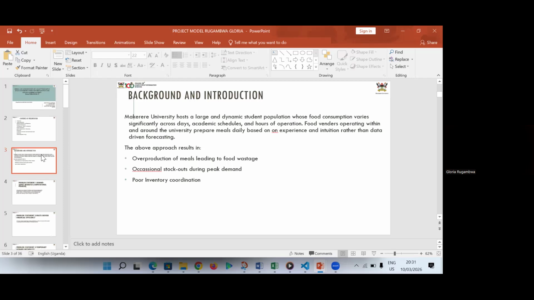What this project is about is that it's going to make calculations and provide cafeteria owners and kiosk vendors with statistical data on how to plan for their items, so that they can reduce food wastage, plan properly, and also generate high levels of profit.